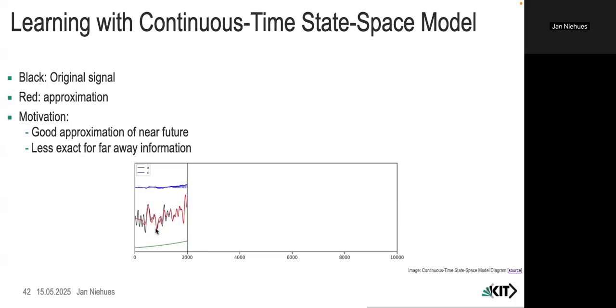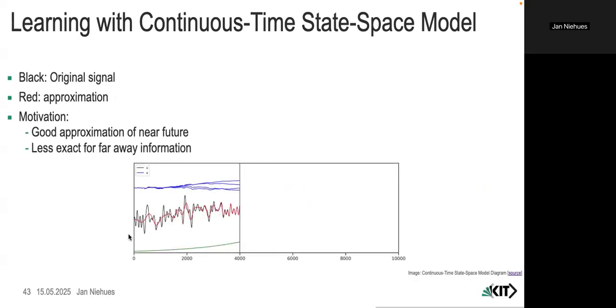And of course, you're now approximating your signal with a fixed number of parameters, so you can't perfectly approximate it. But the motivation is to get an approximation which is very good in the near future and then still decent the further away. But you see, it's getting worse the further away. That is the idea of these types of models: you have a very good approximation here and then a less good approximation later.